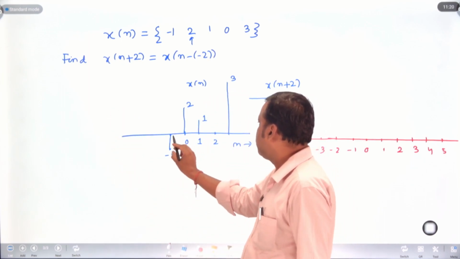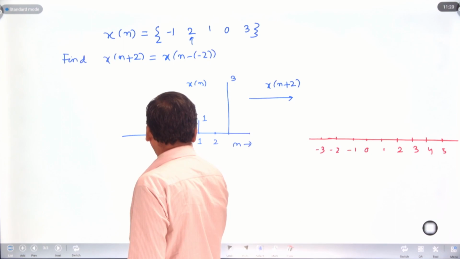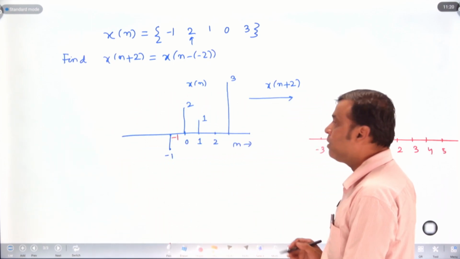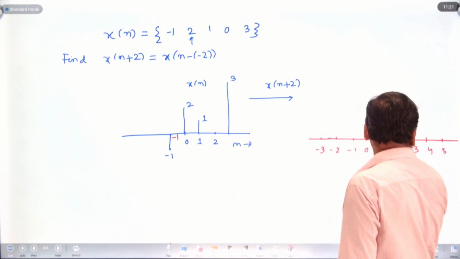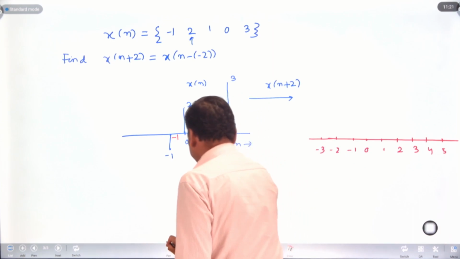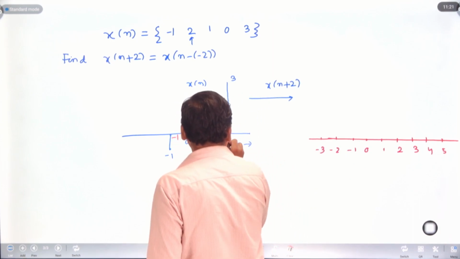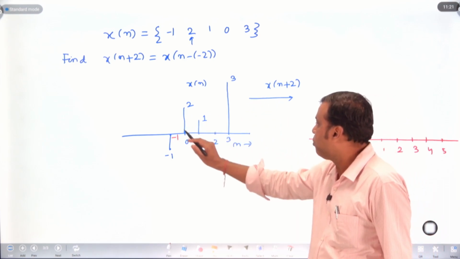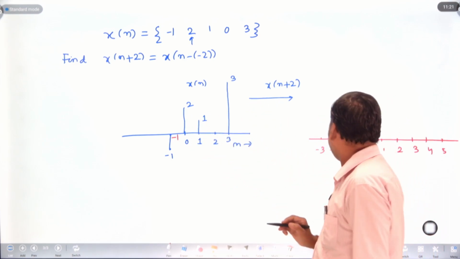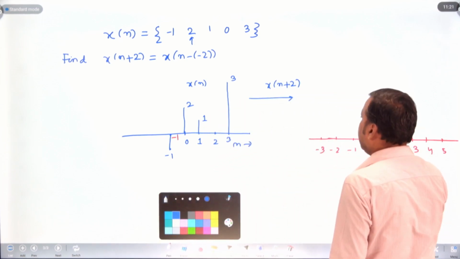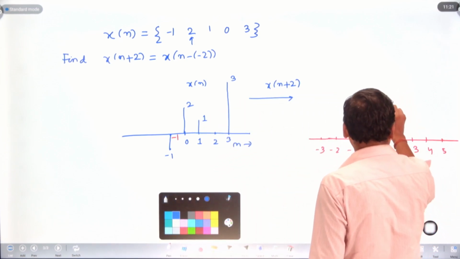So at n equal to 0 the value is 2, and at n equal to 3 the value is 3. These samples are shifted to the left by 2 units, so at n equal to 1 the value is 3.